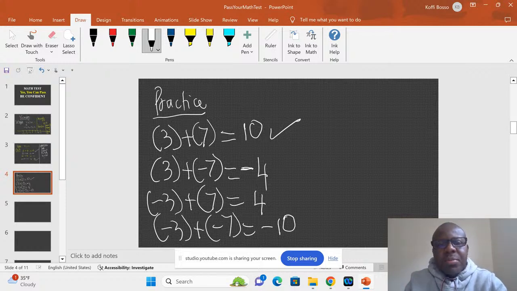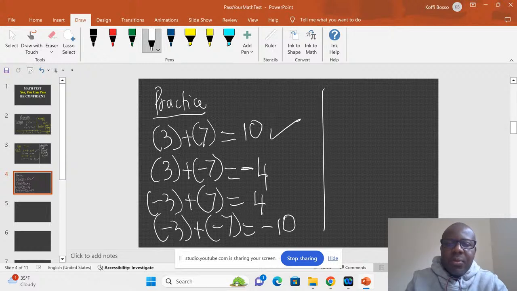Now, when they say 3 plus negative 7, we want to add two numbers with different signs. So what we do is subtraction, taking the small number from the large number. We have a 3 and a 7, even though 7 has the negative sign.